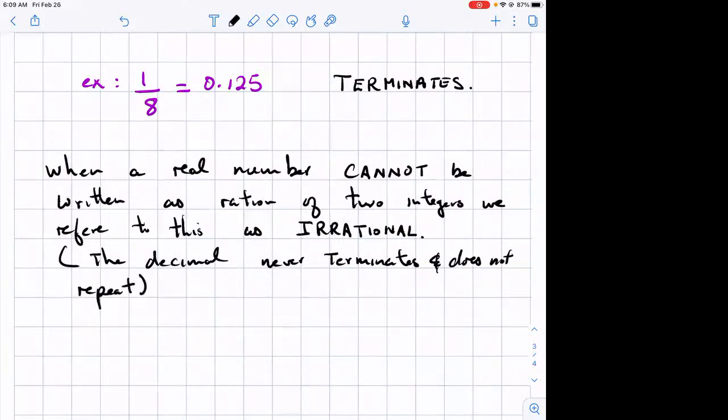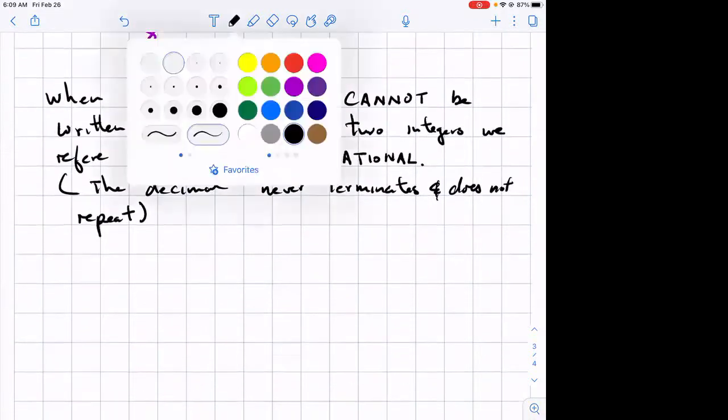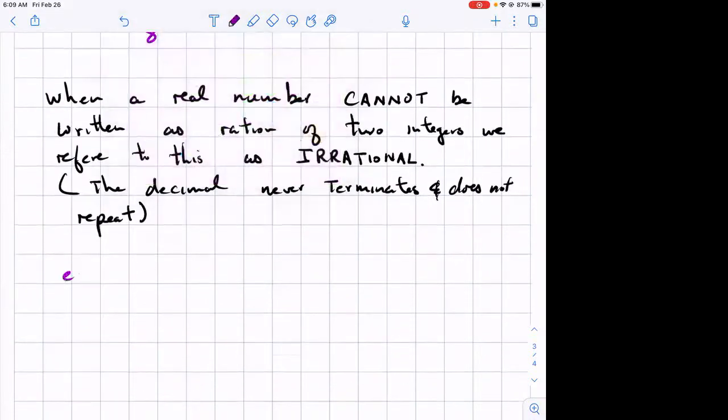So for example, we cannot have 0.6666 because the 6 repeats. An example of this would be the square root of 2. The square root of 2 is 1.4142135, and it goes on and on and on.